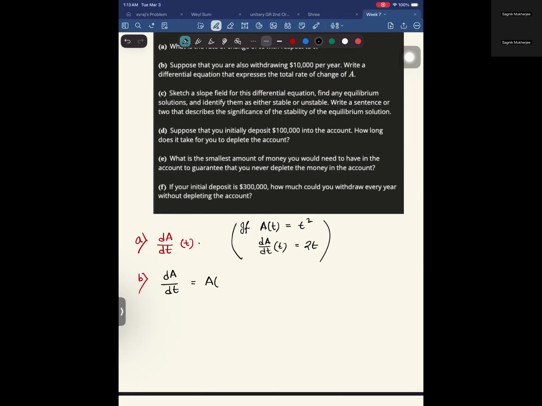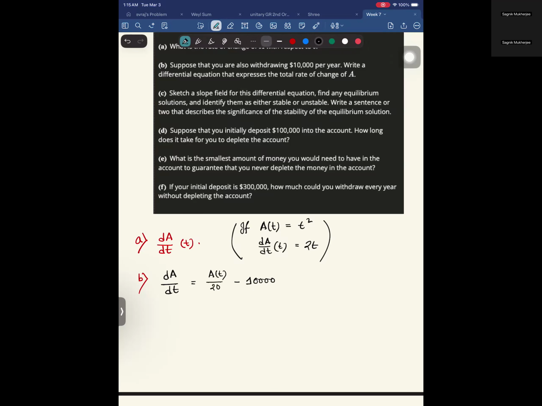And what is that? This is your present money in the account minus $10,000, right? Okay, this shouldn't be 80, my bad. This should be 80 over 20.